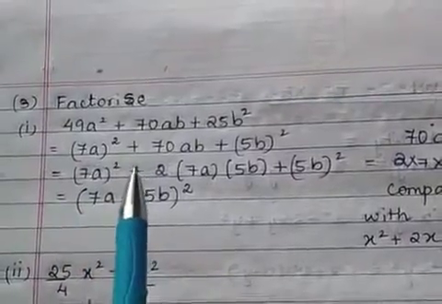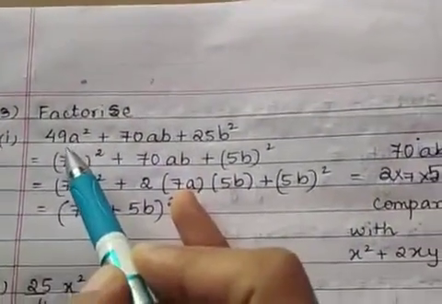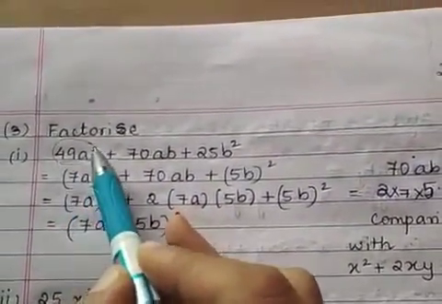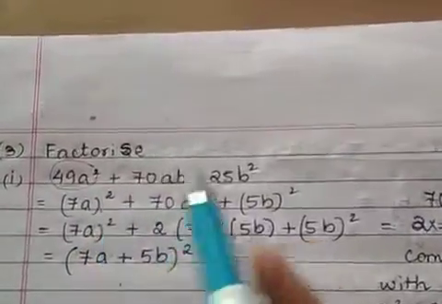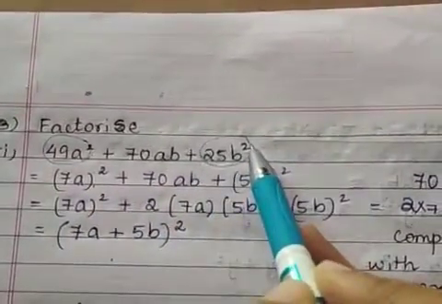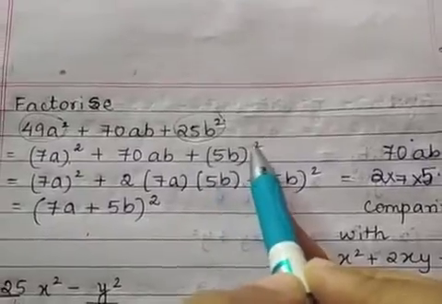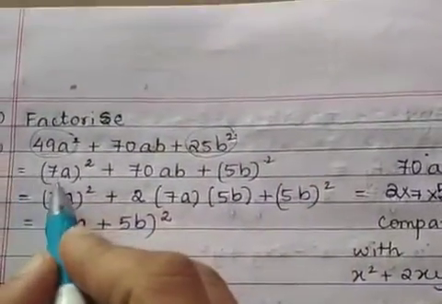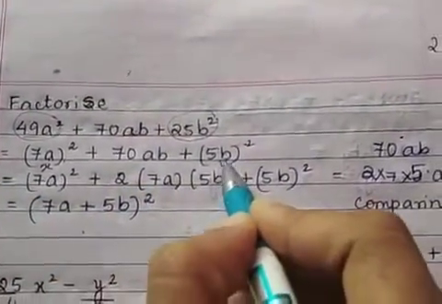Now if you see here, 49a² can be written as (7a)², and 25b² can be written as (5b) the whole square. So now you got what is your x and what is your y.